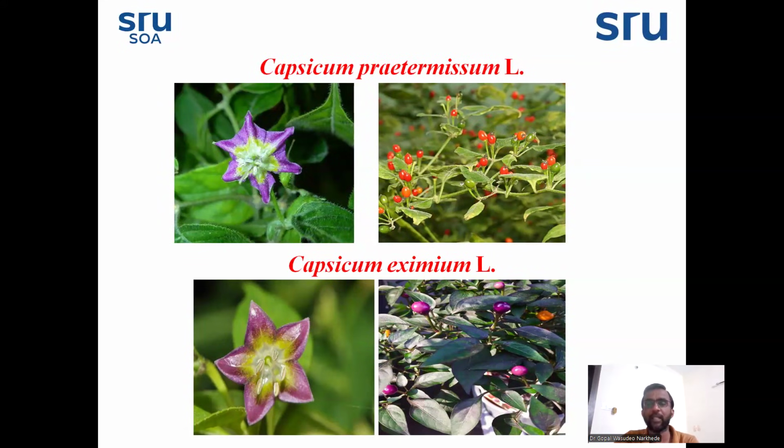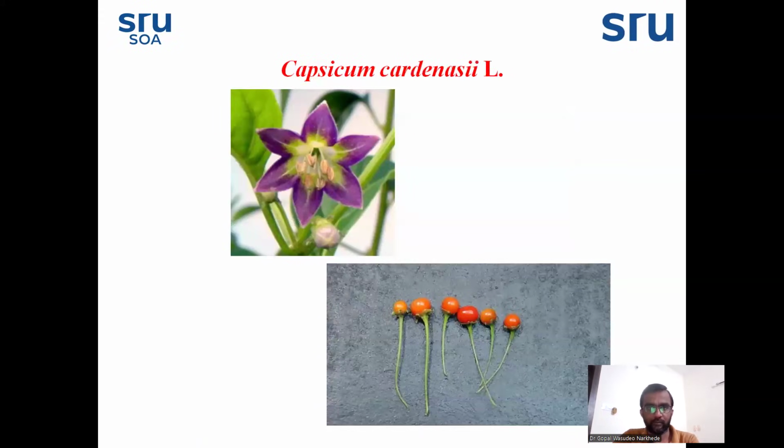Next is Capsicum eximium. So this is the diversity available in capsicum species. Then look at this. Next is Capsicum cardenasii. So these are some of the species available in capsicum.